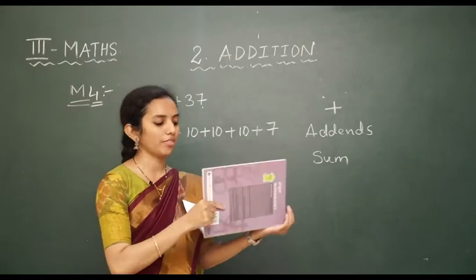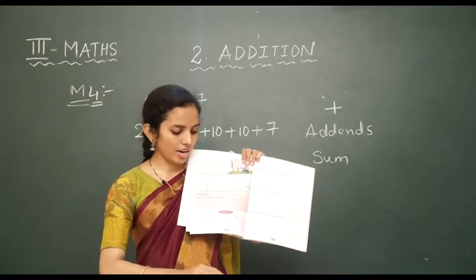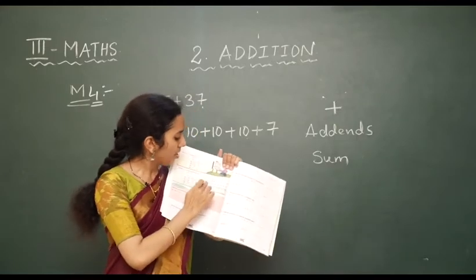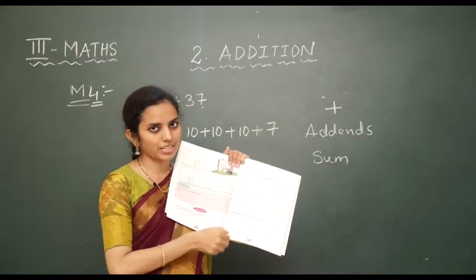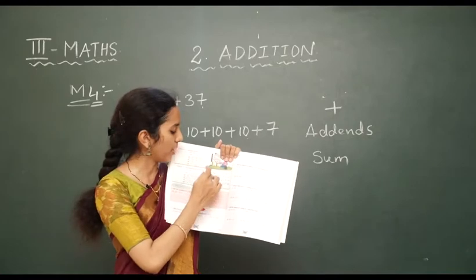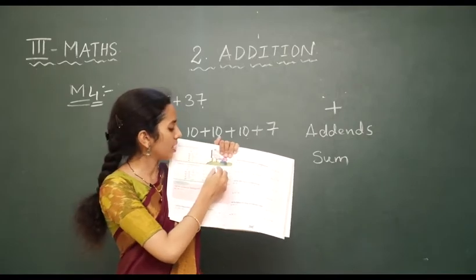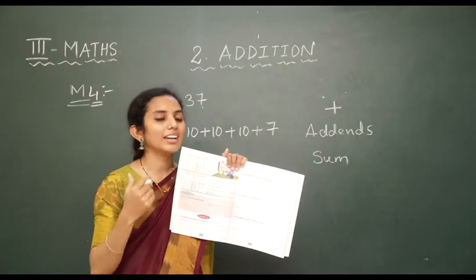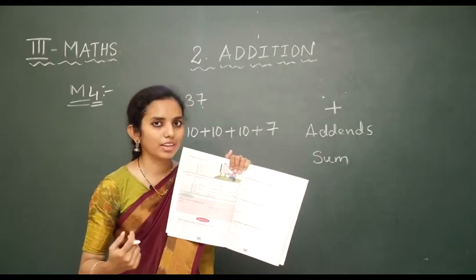So after 25 in a number chart from 20 to 70, for example, write it as from 20 to 70. So what is it? You have to come down. After 25 if we add 10, what do we get? We get 35.